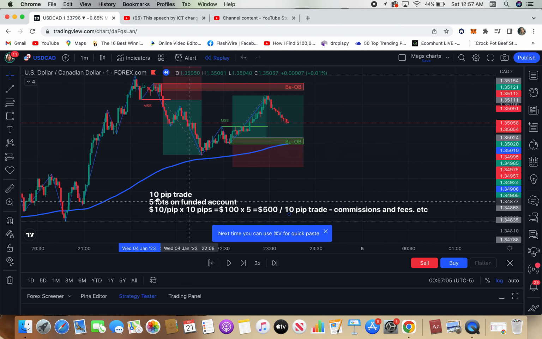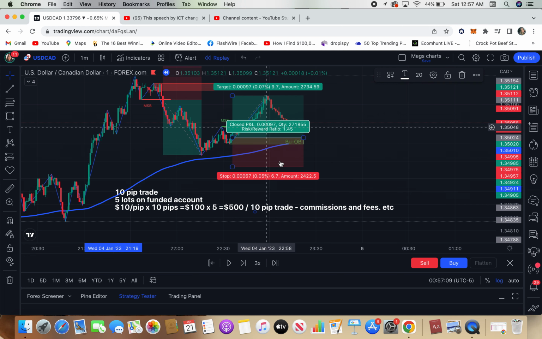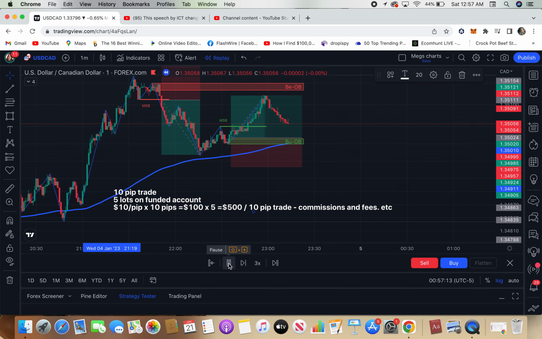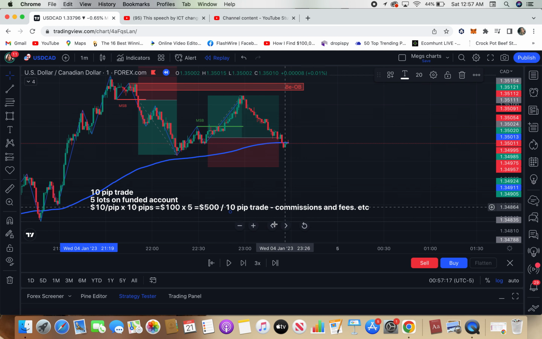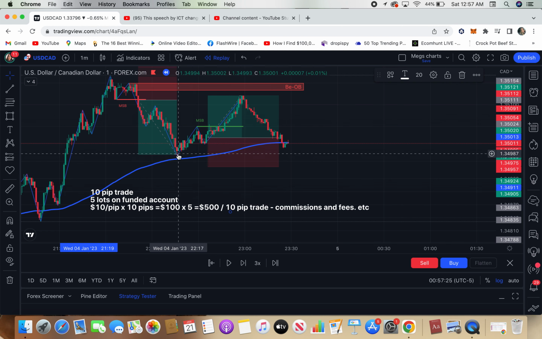So I'm just going to leave that there for a second. Let's continue. It did get to the EMA. Normally it could bounce on the EMA, but this has not beaten this low over here.